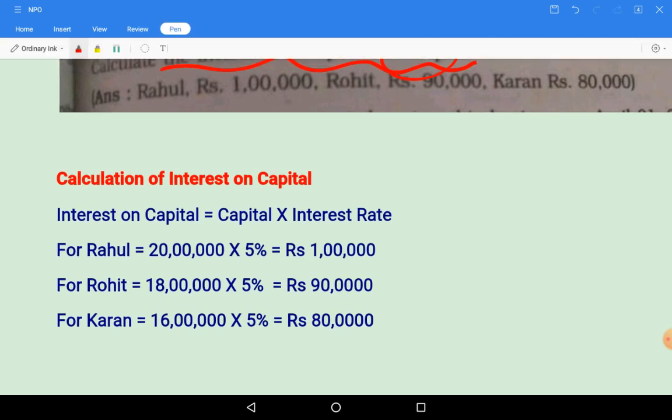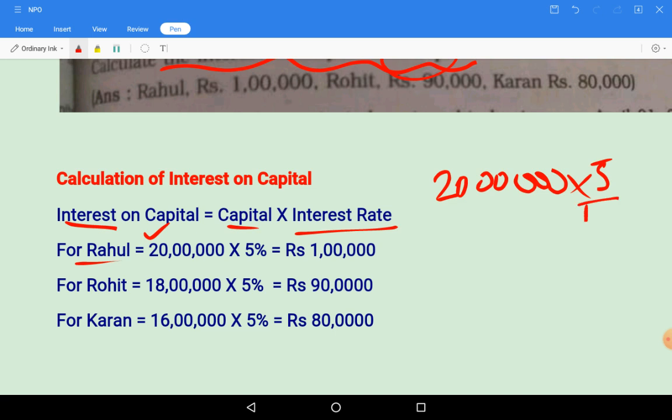Interest on capital into interest rate. For Rahul, his capital is 20 lakhs. 20 lakhs into 5%. If you do the calculation, 20 lakhs into 5 by 100, the zeros get cancelled, 5 ones are 5, 5 twos are 10.